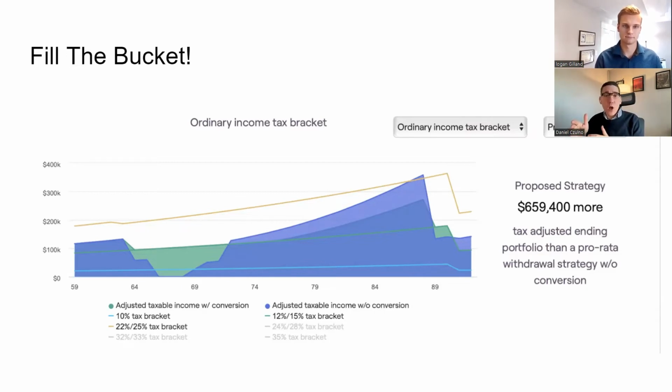They only have to withdraw it if they actually need it for their financial plan, rather than being required to withdraw it by the IRS, and they're not paying that higher tax rate. So you can see there's a fancy calculation on the right that for this particular client, utilizing this strategy of paying taxes now versus paying them later results in about $660,000 more tax-adjusted ending portfolio value left to their heirs, which can be very substantial.